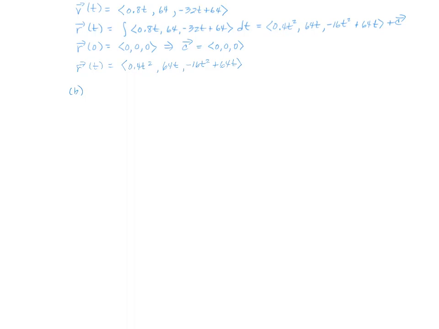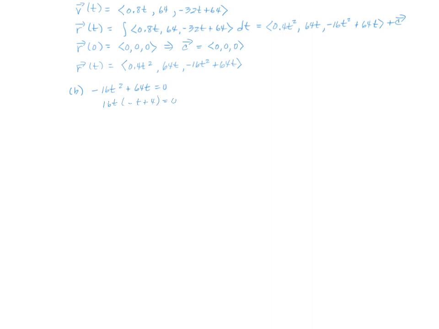Let's look at part B. Part B says to determine the time of flight and the range of the ball. Well, the time of flight is going to happen when the z component is equal to 0. So that's when negative 16t squared plus 64t is equal to 0. I don't have to do quadratic. I can simply solve this by factoring to get 16t times negative t plus 4. So all I did was pull out a 16t.